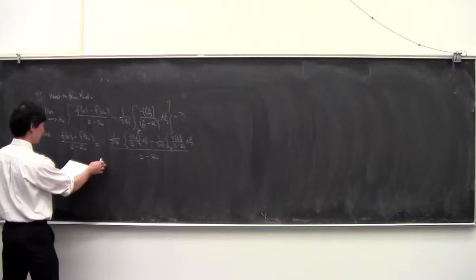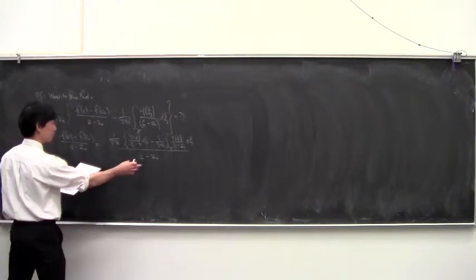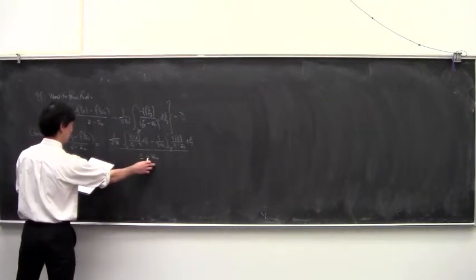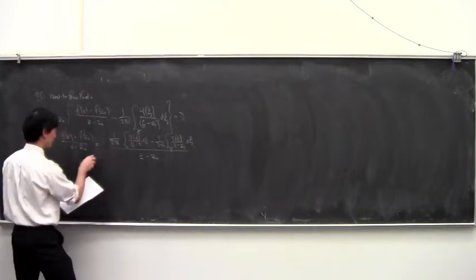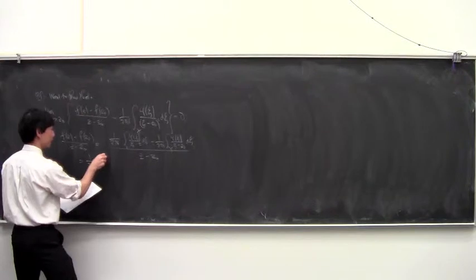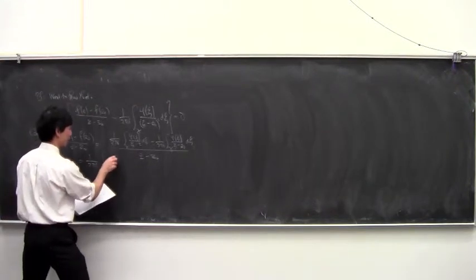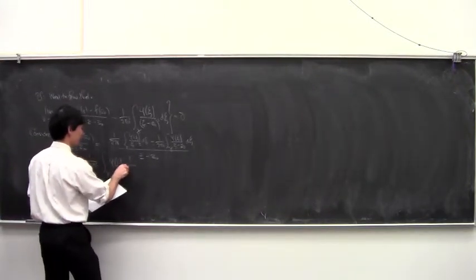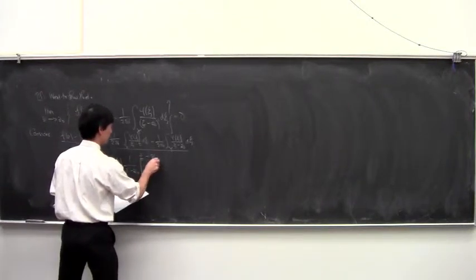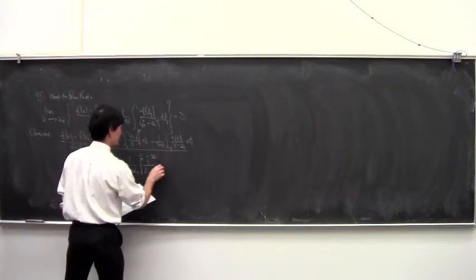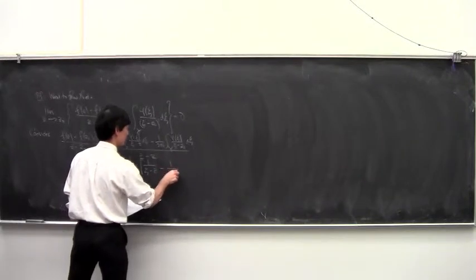I'm not going to do anything, I'm just going to combine a little bit: phi of zeta times 1 over zeta minus z minus 1 over zeta minus z naught.